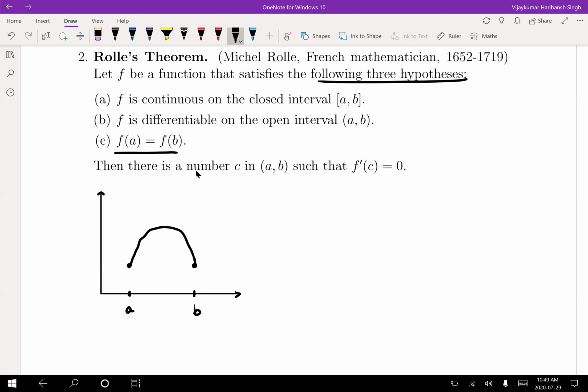So in this case, you can see that at some point the tangent line will become horizontal, or the derivative at that point will become 0. So there's a point c in (a, b) such that f prime of c equals 0. This is what Rolle's theorem tells you, right? That f prime of c equals 0 at this c.